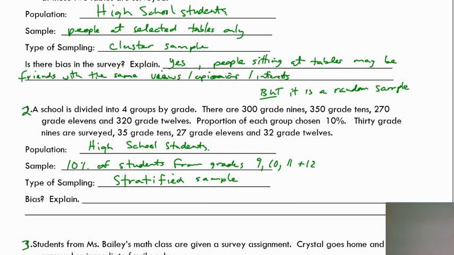Okay, good. Is there a bias? Well, you can kind of make an argument in all cases that there is a bias, but in this case, we're pretty spread evenly across the board here. So we're going to say no, it is a fair representation of the population.